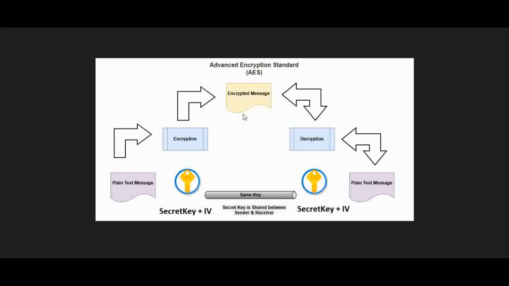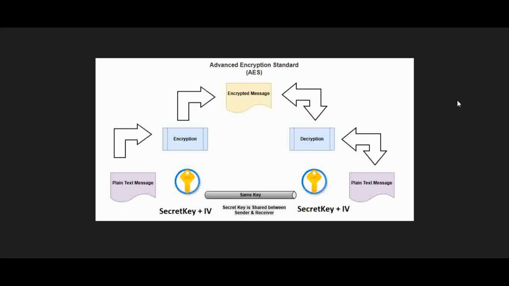But today we are going to see a symmetric approach, where the sender and receiver share the same secret key, which we call AES, Advanced Encryption Standard, right? Plus, we are going to encrypt the message using the Groovy script. We are not going to use any palettes here. So how we encrypt the message, that we will see.